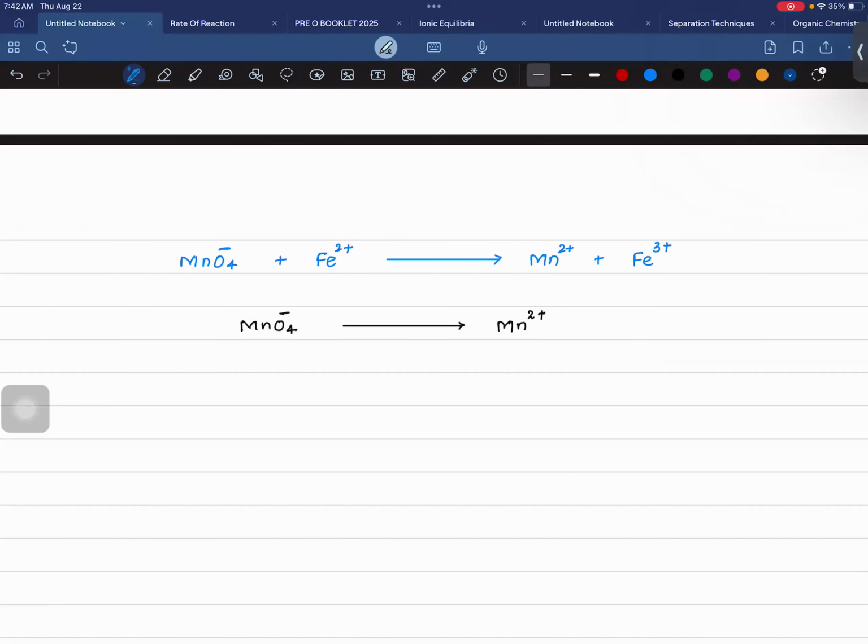Someone saying oxidation. Let me check this. Can you tell me the charge of manganese in MnO4 minus? Yes, +7. It's changing to +2.